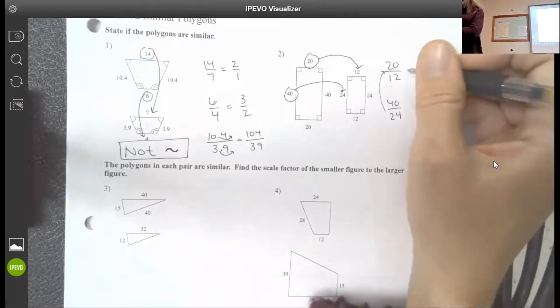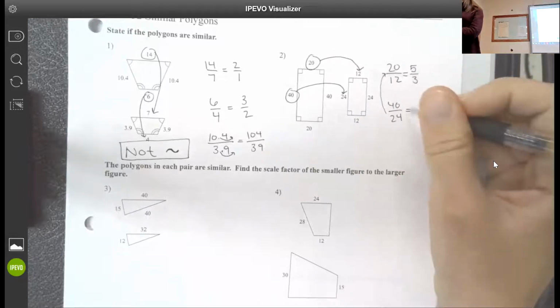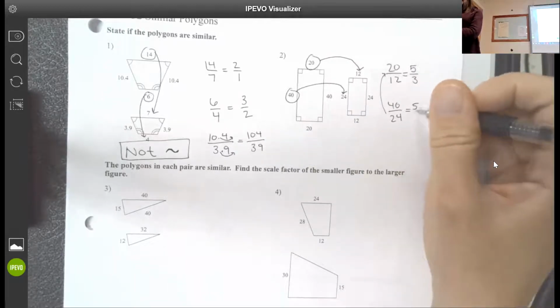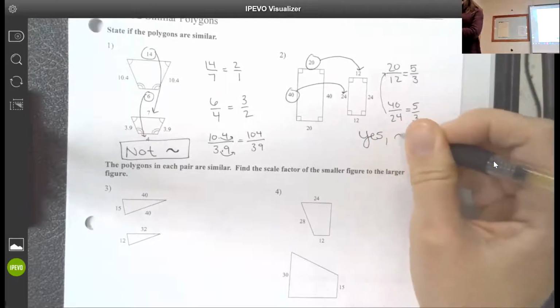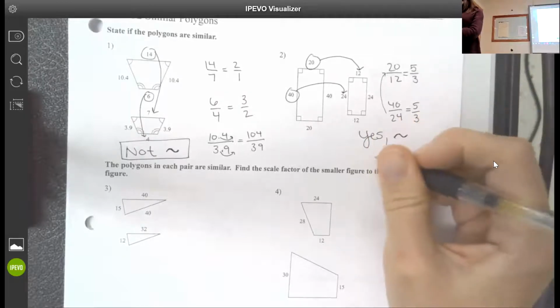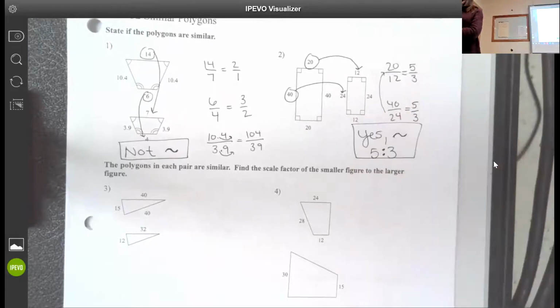But just for fun, 20 and 12 by 4, so 5/3. And 40 and 24 by 8, 5/3. So I would say yes, they are similar. And if I wanted to give a scale factor, I could say 5 to 3, going large to small. In that case, it didn't tell me to write the scale factor, so I didn't have a rule to follow.